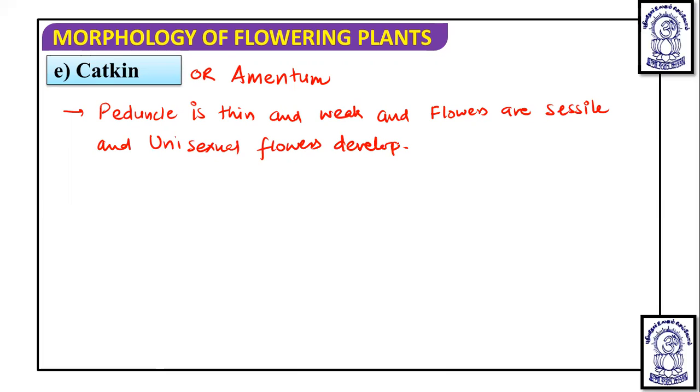So when a peduncle is thin and weak, then it is hanging, we can call it pendulous. And on it, unisexual sessile flowers are arranged. So suppose this is the stem, and on this particular hanging peduncle, multiple sessile flowers are arranged like this.